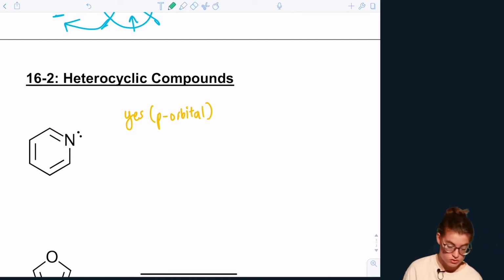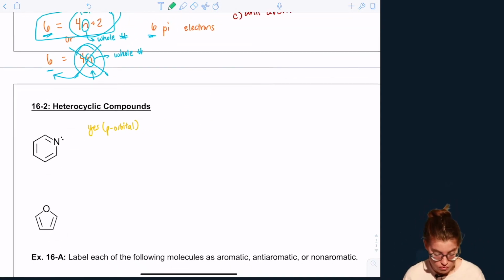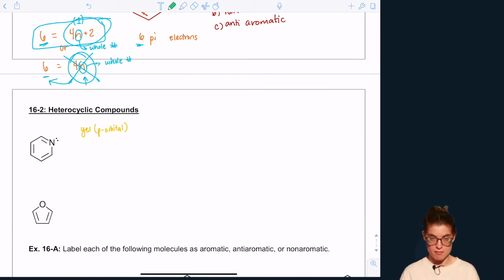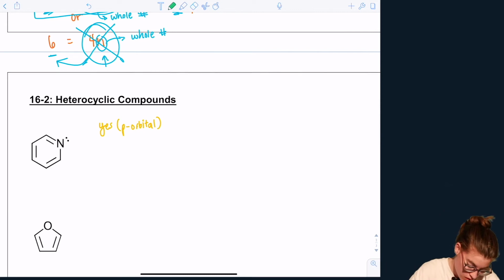So how we're going to treat this is we're going to go through our flow chart to figure out if this molecule is aromatic, non-aromatic, or anti-aromatic. Is it cyclic? Yes, it is. Do we have p orbitals at every atom in our ring? Does this nitrogen have a p orbital? Yes. This carbon? Yes. How about this carbon? Yes.